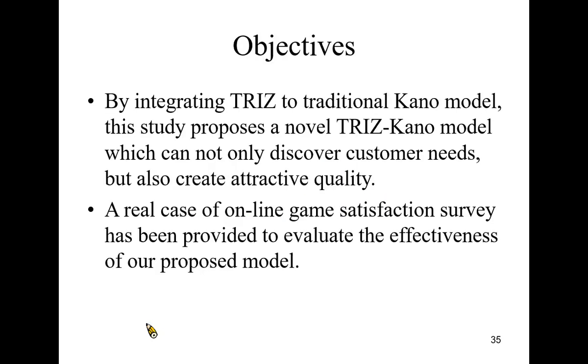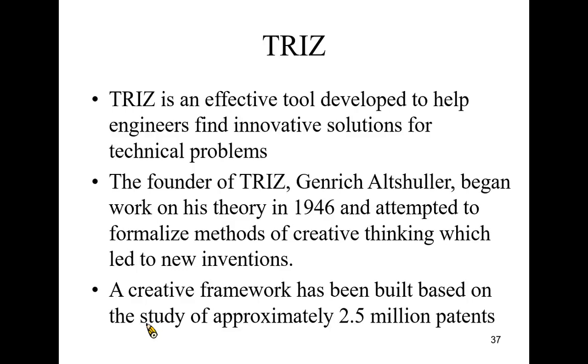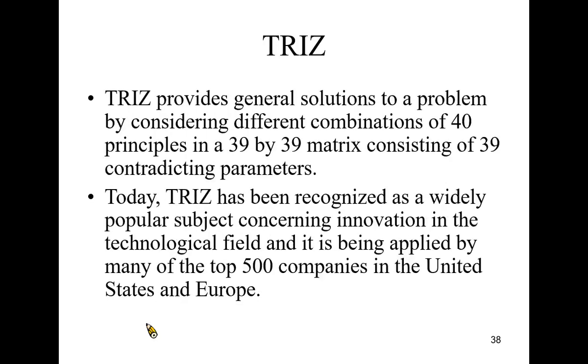So the objective of this study is to propose the TRIZ Kano model. It can help us to create a new function of online games. As for TRIZ, we will skip this part because we already talked about it first.